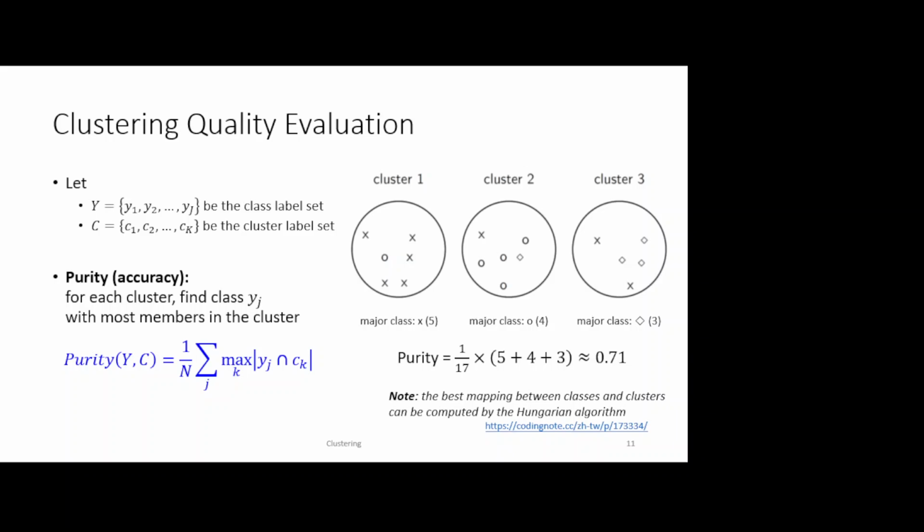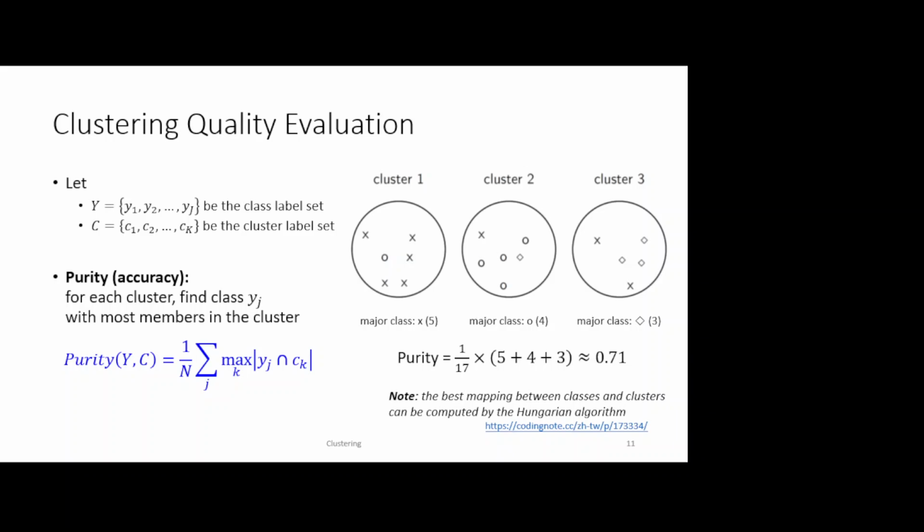We just count how many data points belong to the major class, and then divide by the total number of data points. So here the purity can be calculated like this. It's a very easy way to calculate the purity. Any problems?